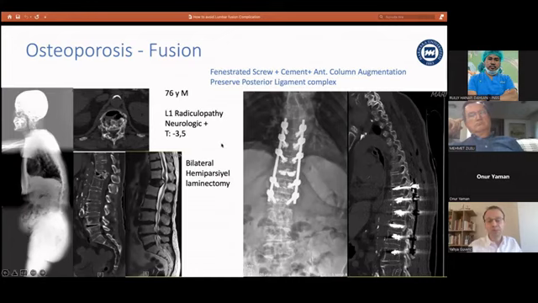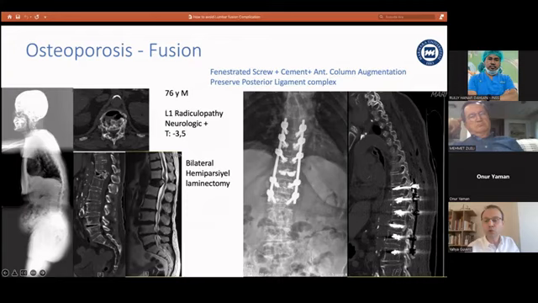So in these patients, we are trying to preserve the posterior spinal complex, the spinous processes and interspinous ligaments. We try to keep the posterior elements, and so we make only a hemilaminectomy here.